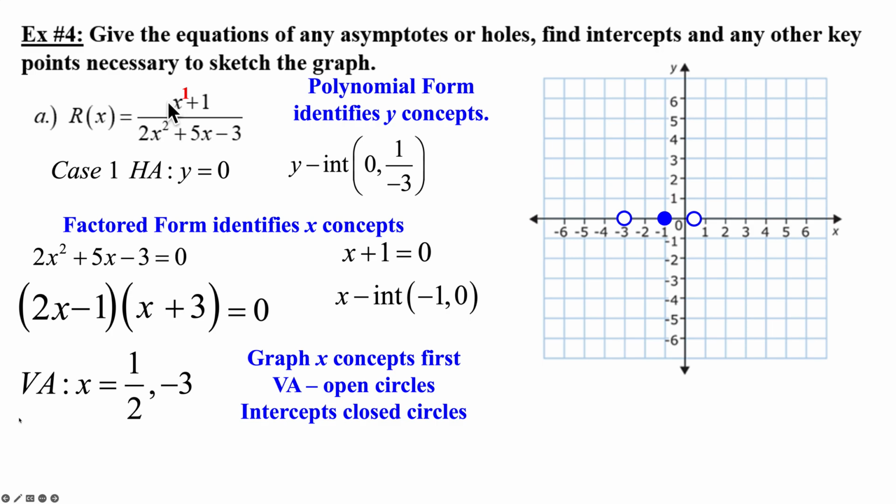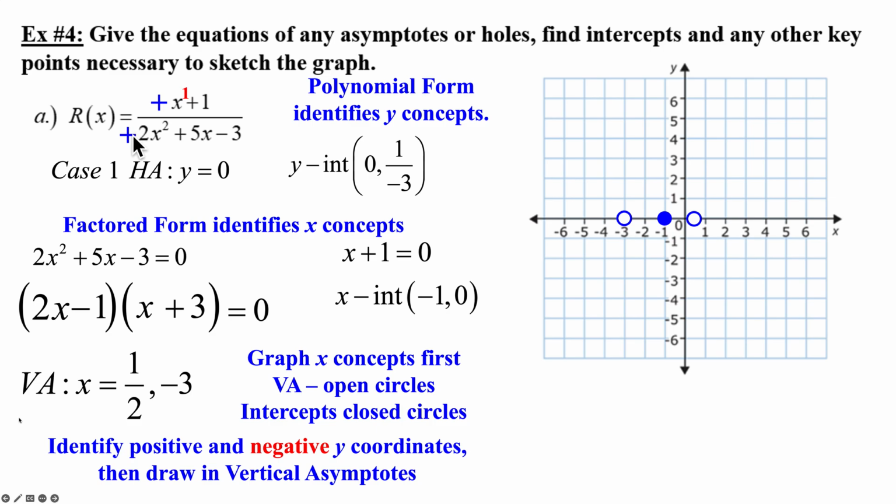Well, even if you take a positive and divide it by a positive, I still have a right-hand behavior that's positive. So in between all these x concepts right here, everything to the right of this open circle will have positive y's somewhere up here. Between these two, they're going to be negative y's. Down here somewhere is my graph.